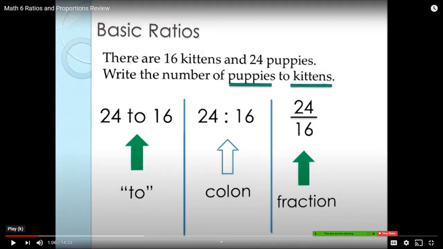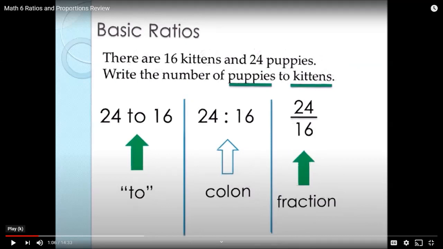Okay, now those were some of the basic rules of ratio. What we're saying here today is that you can use "to" in solving your ratio, or you can use the colon. And your third one, you can use fractions. There are 16 kittens and 24 puppies.